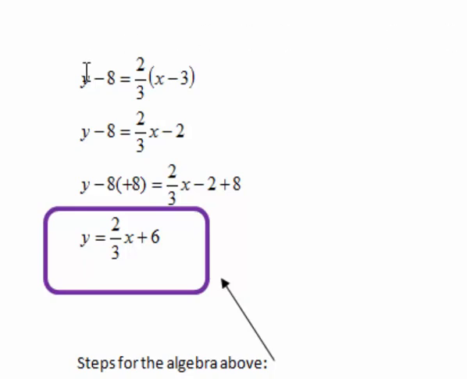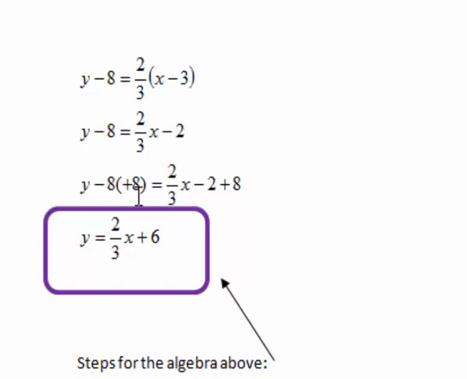When I substitute those values in, it becomes y minus 8 equals 2/3 times x minus 3. When I distribute, nothing happens to the left side. The right side becomes 2/3 times x minus 2/3 times 3, which mathematically becomes 2. So I get y minus 8 equals 2/3 x minus 2.